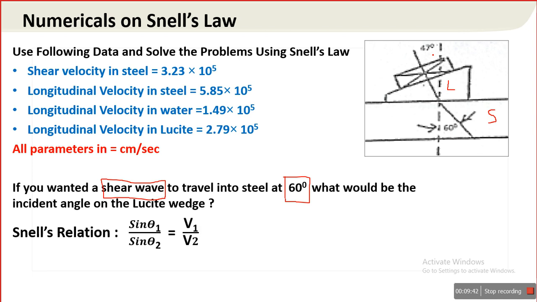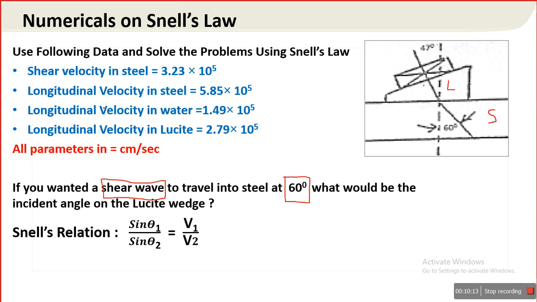So this is the relation, Snell's relation, that is sin theta 1 divided by sin theta 2 equal to V1 upon V2. Here we want a shear wave, so we need to consider the shear wave of ultrasound in steel, and as we know, the longitudinal wave is transmitted into the first material.